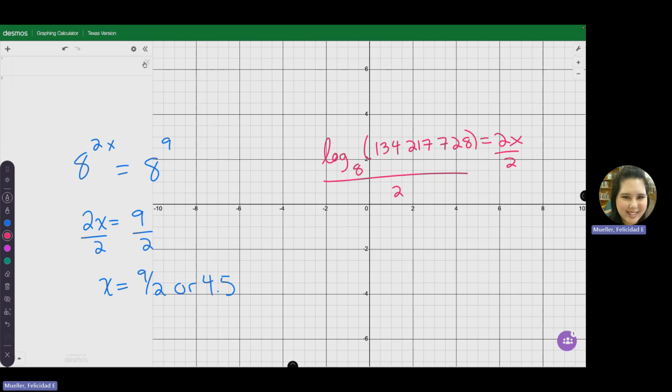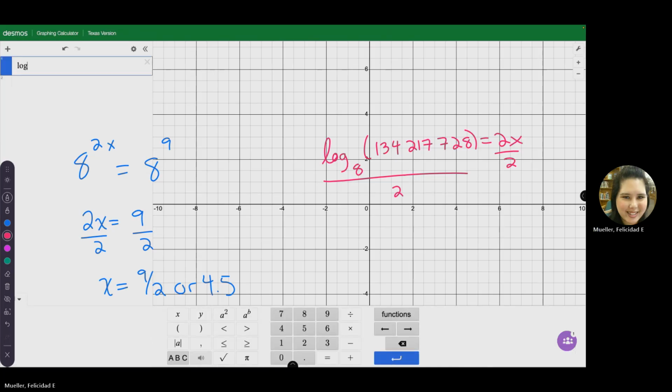So log, I'm gonna do base 8, delete the x. Let me make sure I have this number right. 1, 3, 4.